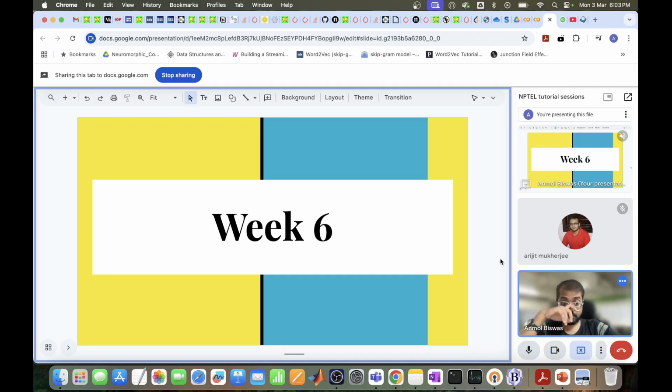And after going through the list of problems, I'm going to do a little bit of hands-on with a very simple autoencoder that encodes MNIST digits, right?